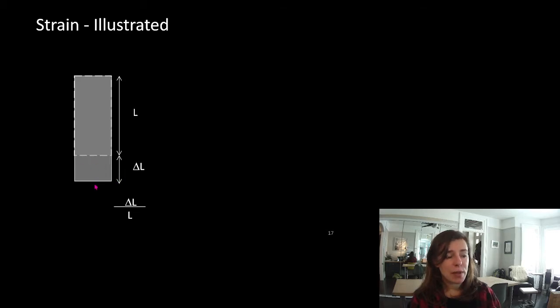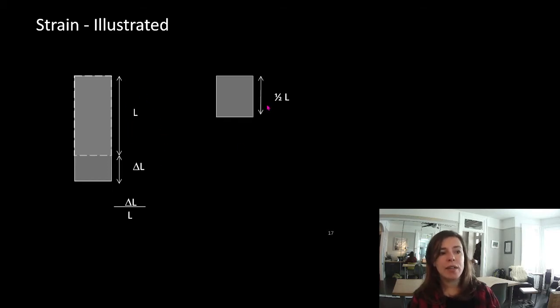So it got this much longer. This is our final length. So our delta L is our final length minus our original length, or just this amount, this difference, this change, this delta. Strain is delta L divided by L, or our change in length divided by our original length.